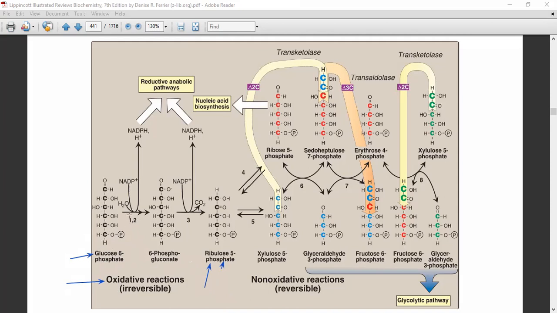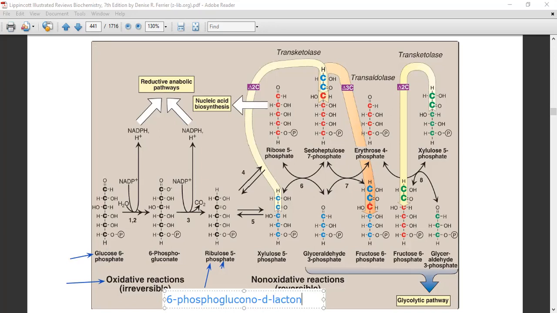So let's talk about the first reaction specifically. In the first reaction, glucose 6-phosphate is converted to 6-phosphogluconate D lactone.